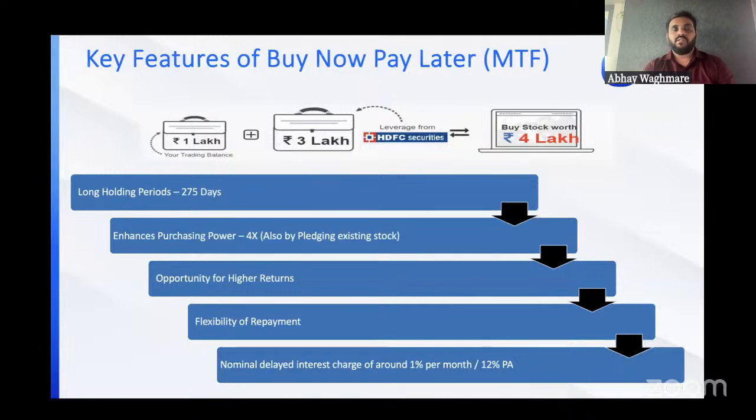In the next 2 months. However, since now you have leverage MTF, अब आपके पास stocks हैं worth 4 lakh rupees. 4 lakh at 20% will become 80,000.